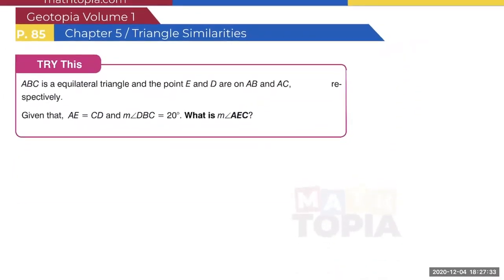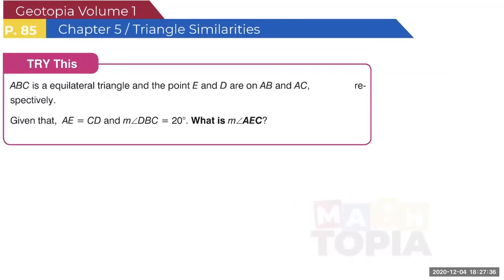Now we are moving to page 85, chapter 5, try this side problem. So this one is more of triangle congruence than triangle similarity. So we have A, B, C. We have a point D on AC such that DBC is 20, like that.